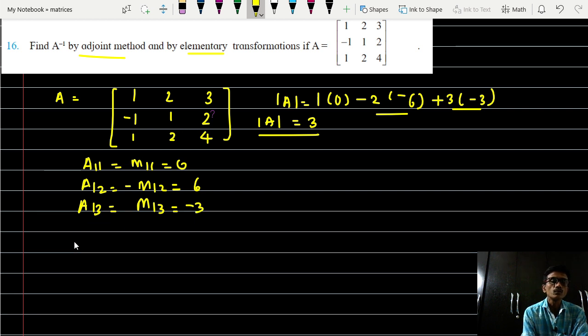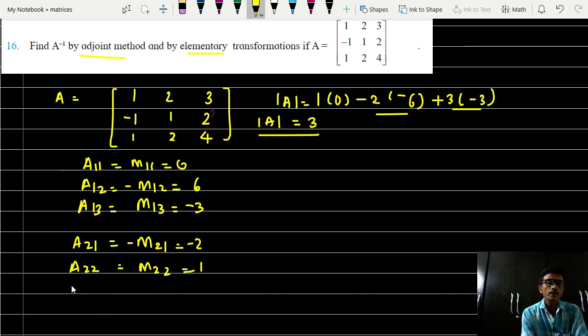Then A21 is equal to minus of N21, सेकेंड रो और फर्स्ट कॉलम डिलीट करना है: 2, 3 और 2, 4. इसका एक्सपेंशन आएगा 8 - 6 that is 2 और उसका नेगेटिव साइन -2. A22 is equal to N22: 1, 3 और 1, 4. इसका एक्सपेंशन 4 - 3 that is 1.